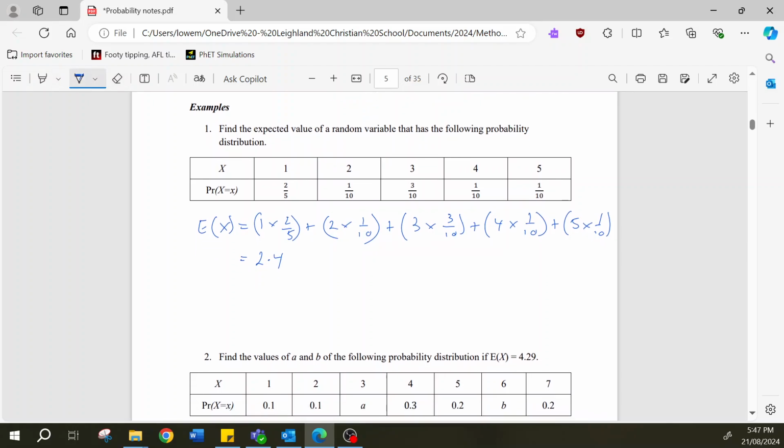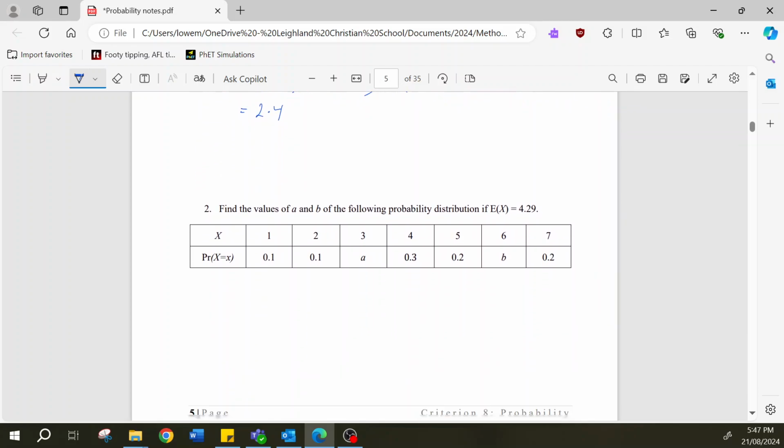Alright, let's look at the next one. Find the values of a and b of the following probability distribution if the expected value is 4.29. So we've got two unknowns here, a and b, which means we need two pieces of information. One of them we know is, remember, all of these probabilities have to add up to 1.